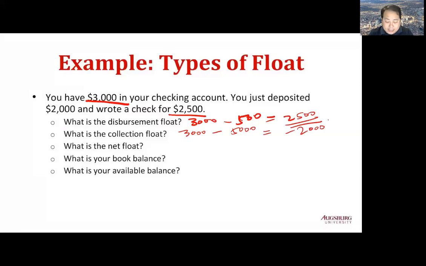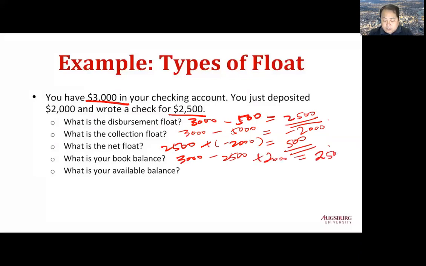The net float is 2,500 plus negative 2,000, equals 500. The book balance is 3,000 minus 2,500 plus 2,000, which is $2,500. Finally, what is your available balance before clearing these checks? It is still $3,000.